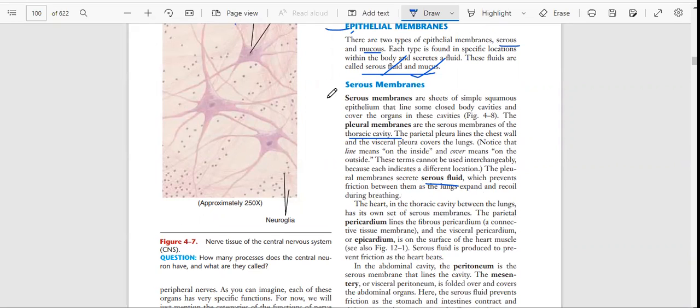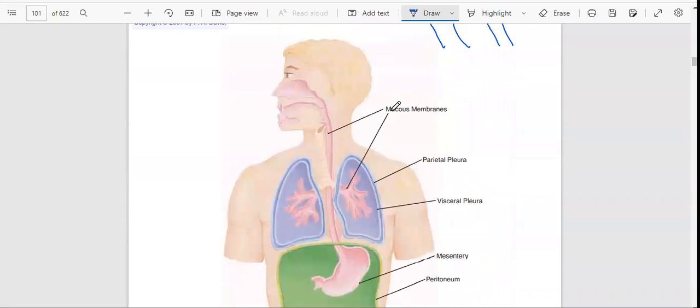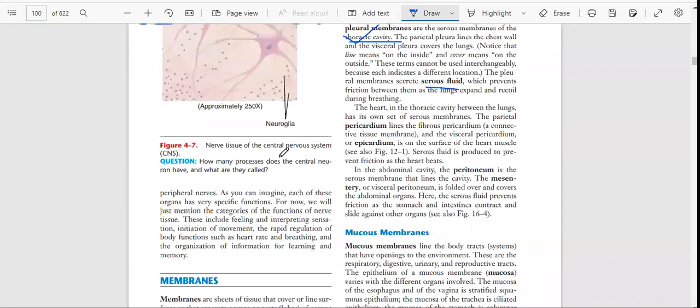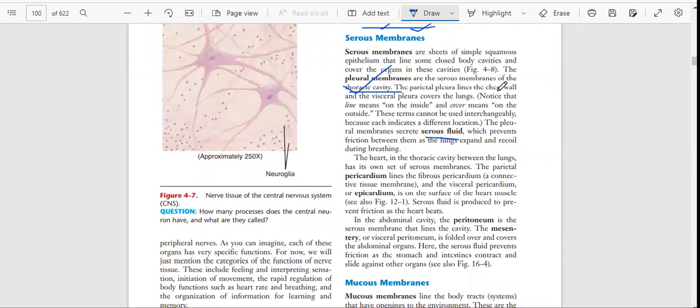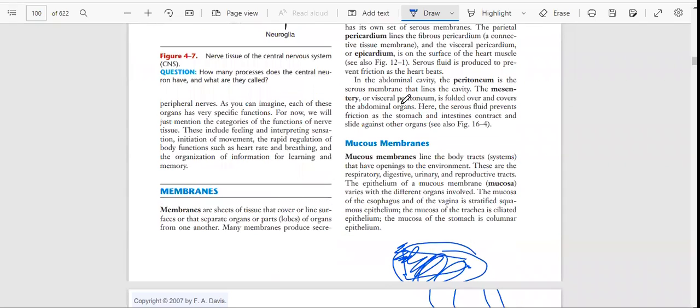So basically, the serous membrane's first membrane is the pleural membrane. If this is the lung, this is the pleural membrane. So you have visceral pleura and parietal pleura. Parietal pleura lines the chest wall and visceral pleura covers the lung.